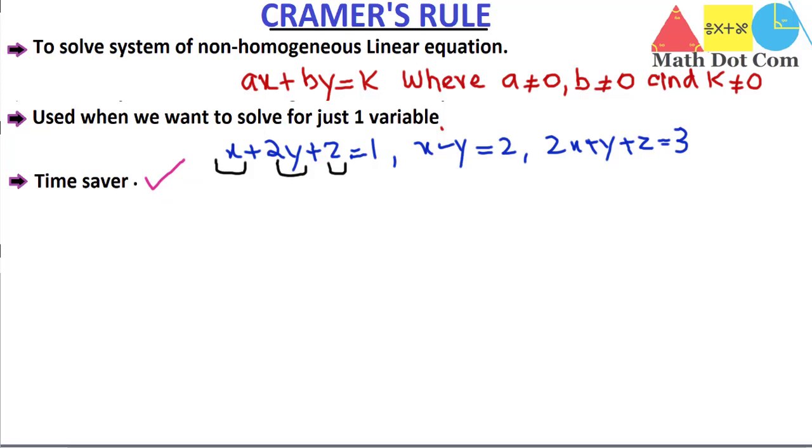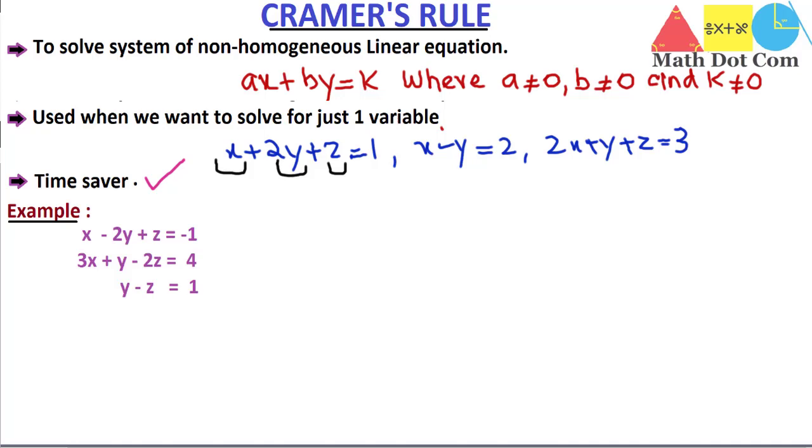So let's take an example and see how you can find the value of a single variable that you want by using Cramer's rule. Here we have an example, where we are given a system of non-homogeneous linear equations in three variables x, y and z.